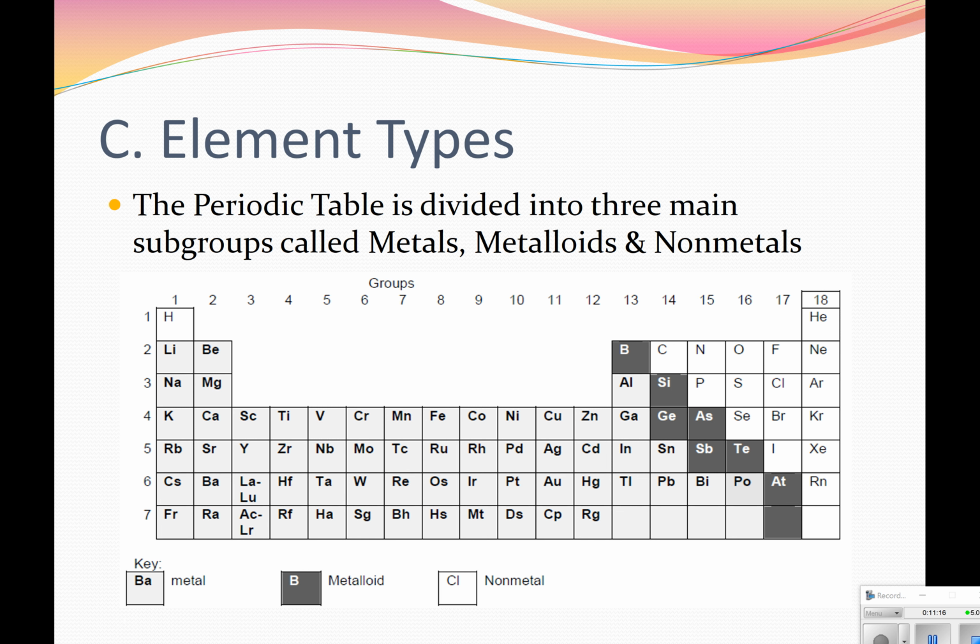Metals are to the left of the staircase, nonmetals to the right, and metalloids pretty much lining up on or below the staircase itself. And that is emphasized in your reference table as well with a bolded line. Depending on where these elements are on the table, it helps determine their properties and what they're going to want to bond and react with.